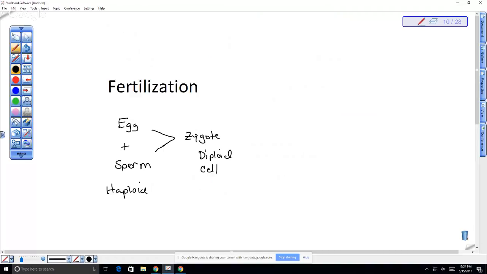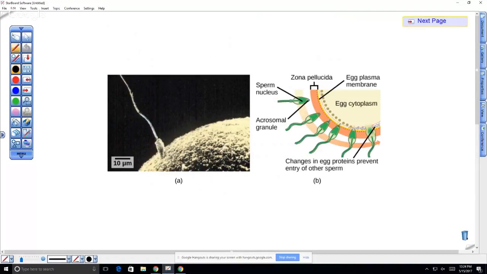The sperm digests its way through the layer of cells that surrounds the egg. Here's a picture of it. Here's the sperm, obviously much smaller than the egg. It releases enzymes, gets in there, and fuses, and then the nucleus from the egg and the nucleus from the sperm come together, and that becomes the diploid cell.